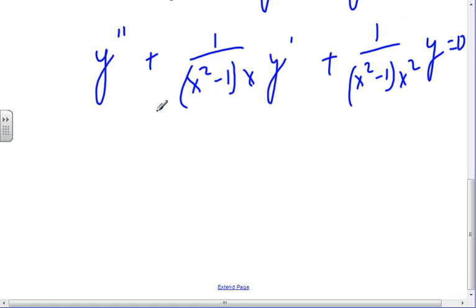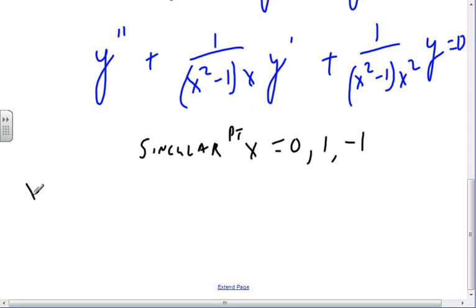And where are my singular points? Well, my singular points are at x is equal to 0, because I can't divide by 0, at x is equal to 1, and at x is equal to minus 1. So those are my singular points. And now the issue is, are they regular singular points, or are they irregular singular points?